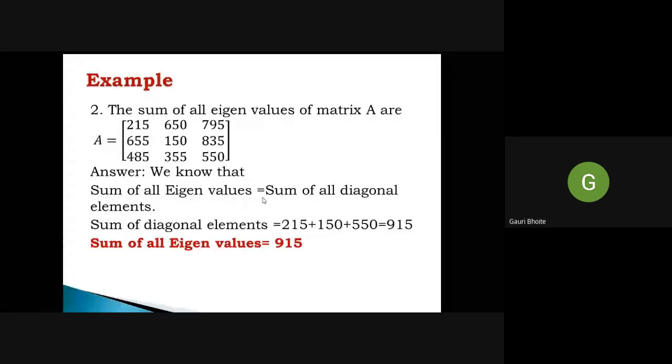The diagonal elements are 215, 150, 550, so the sum is 215 plus 150 plus 550, which is 915. Therefore, the sum of all eigenvalues of the matrix is equal to 915.